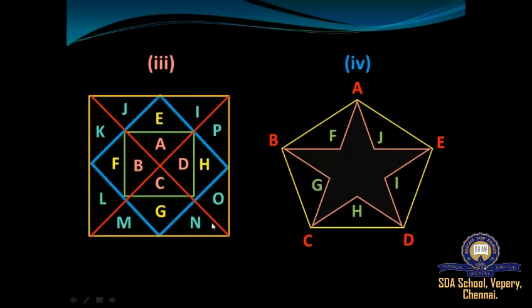When I combine C, G, M, N, I get another triangle. When I combine DHPO, I get another triangle. Understood, students? EAIJ gives one triangle, BFKL another, CGMN one, and DHPO another. So there are totally 4 triangles.